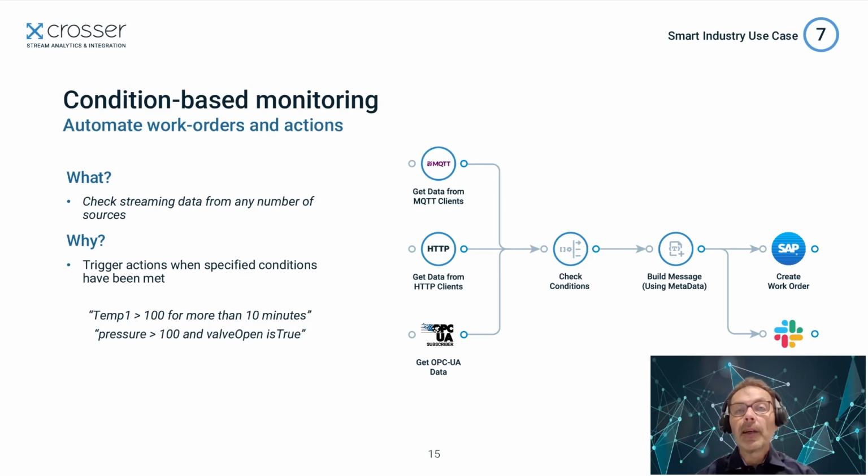So with a very simple flow like the one you see on the screen, you can actually monitor thousands of sensors or whatever it is that you use as a data source, and then take individual actions based on these conditions that you have defined. So this is a pretty powerful flow, but still very simple. And it can be used for a lot of different condition monitoring use cases.